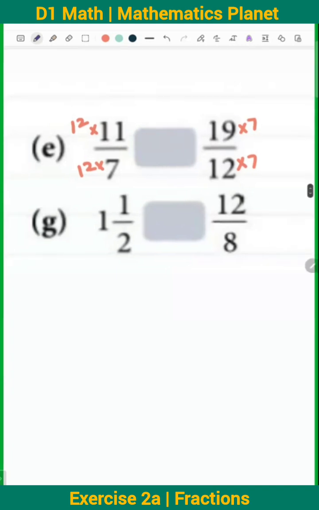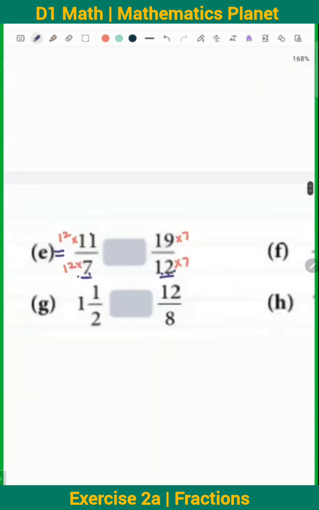Common multiple will be the product of 12 and 7, because 7 is a prime number. So if the denominator is 7 and the other denominator is 12, in this case you need to multiply both of the sides with opposite numbers. So you will multiply this fraction with 12 and this fraction with 7. Now what you will get here? 12 times 11.